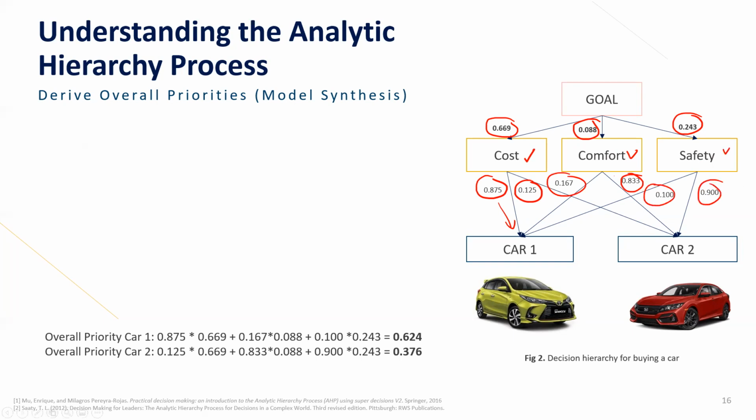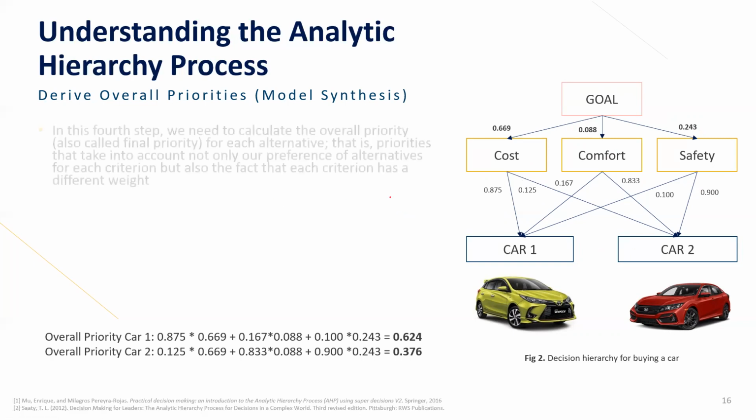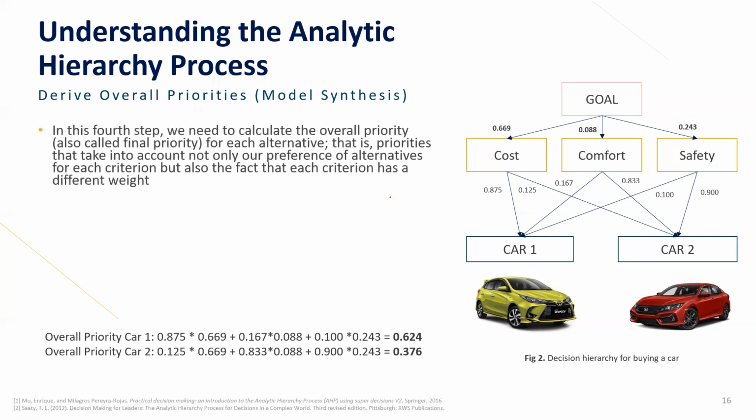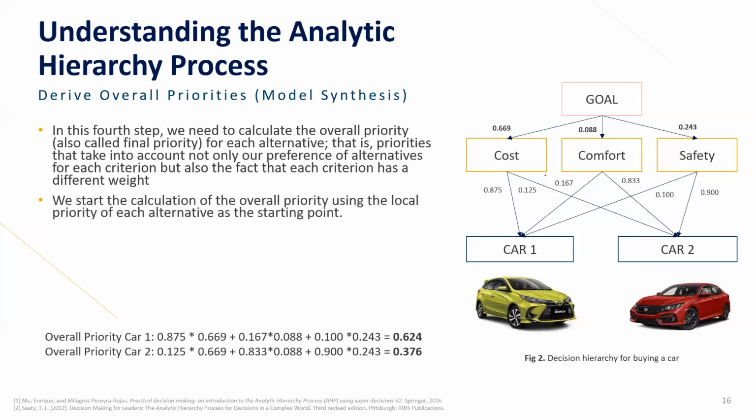Based on this value, or this judgment of the hierarchy, now we can do the model synthesis, or overall decision related to this model. Okay, we already finished all those 4 steps. We have the criteria already. Then we can start calculating the overall priority. This one is only priority for criteria.